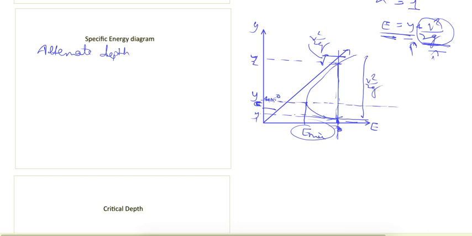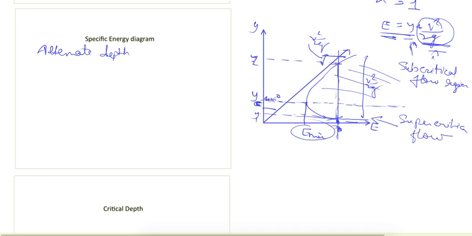Apart from this depth there are always two depths of flow for the same specific energy, and this divides our area into two parts. The top part represents the subcritical flow region, whereas the bottom part represents the supercritical flow region.